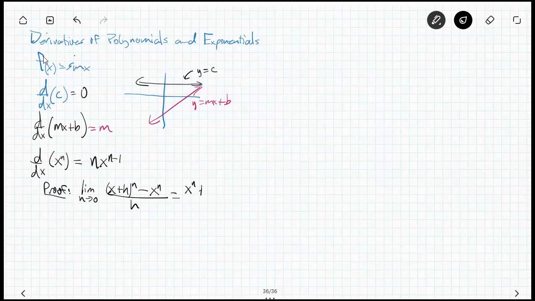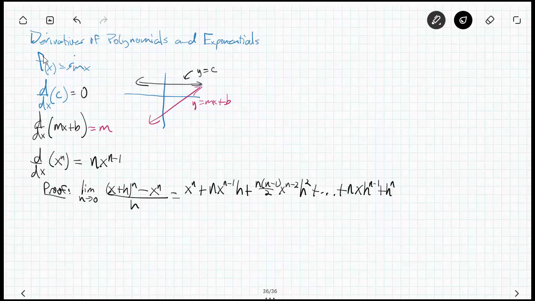But what we end up with is nx to the n minus 1 h plus n times n minus 1 over 2 x to the n minus 2 h squared plus dot dot dot plus nx h to the n minus 1 plus h to the n.